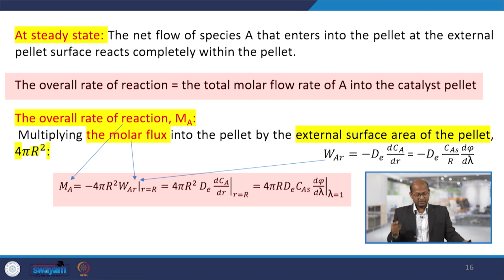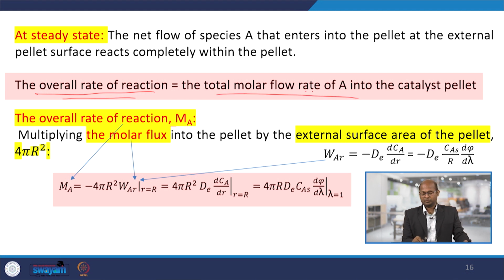Now at steady state, the overall rate of the reaction, which we usually express as change of moles per unit volume per unit gram of catalyst, here we express in terms of moles. The overall rate of the reaction equals the total molar flow into the catalyst pellet, capital MA, the molar flux.